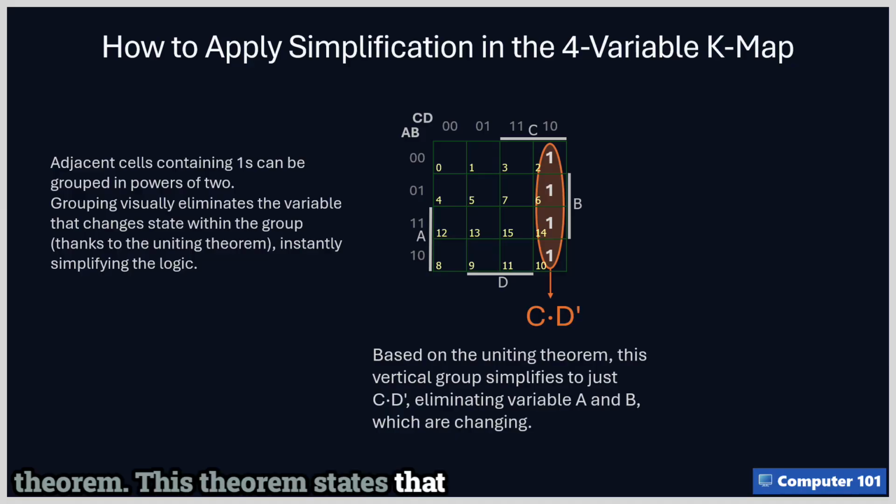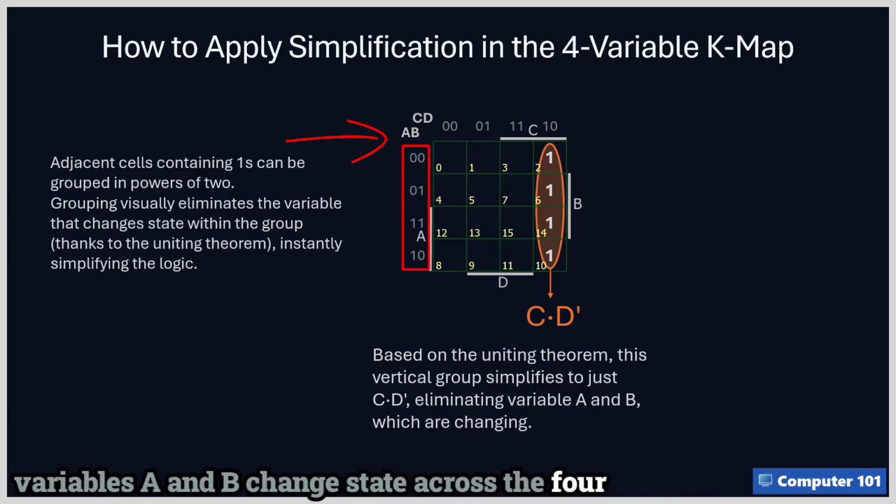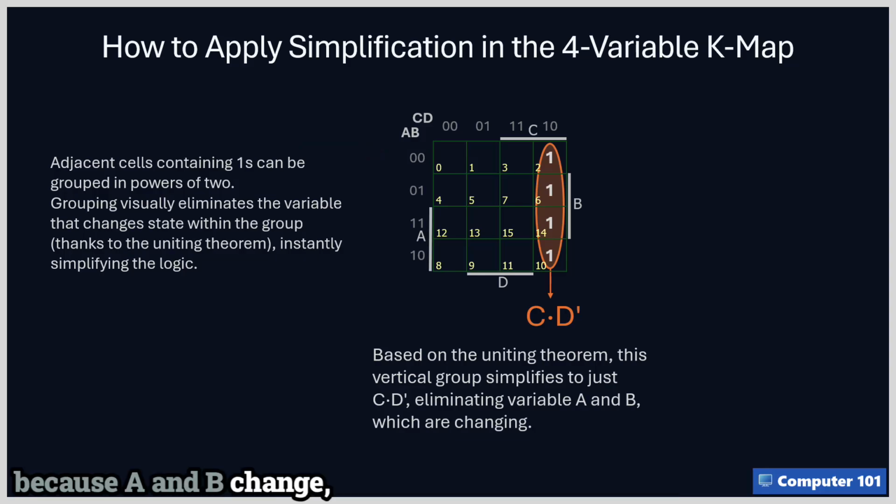This theorem states that any variable that changes state within a grouped block is mathematically eliminated from the expression. Looking at this vertical group in the 10 column, the column variables C and D remain constant at 1 and 0. However, the row variables A and B change state across the 4 cells. Because A and B change, they are eliminated, and the entire block simplifies to just C and not D.